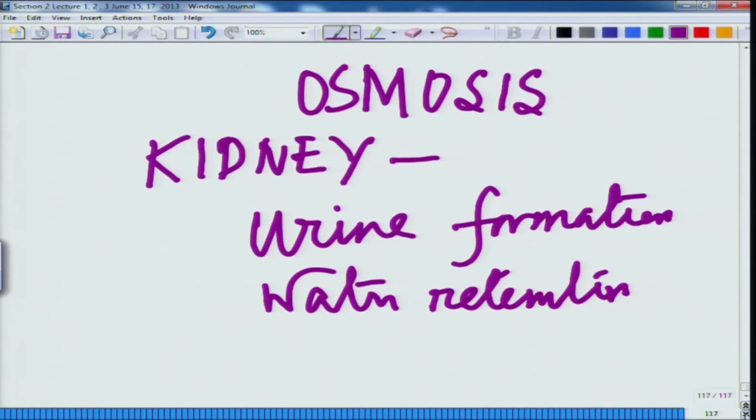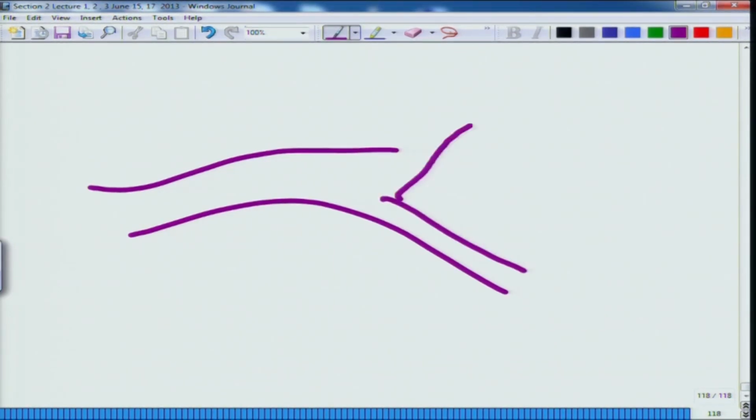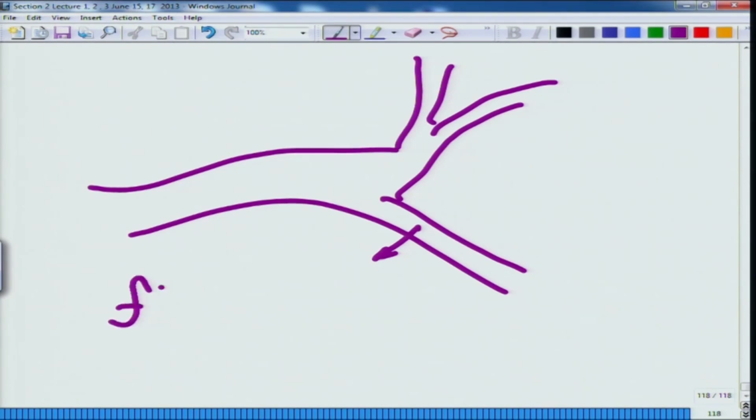Okay. Then we know these blood capillaries which are carrying blood all over our body. They do not lose a lot of fluid.